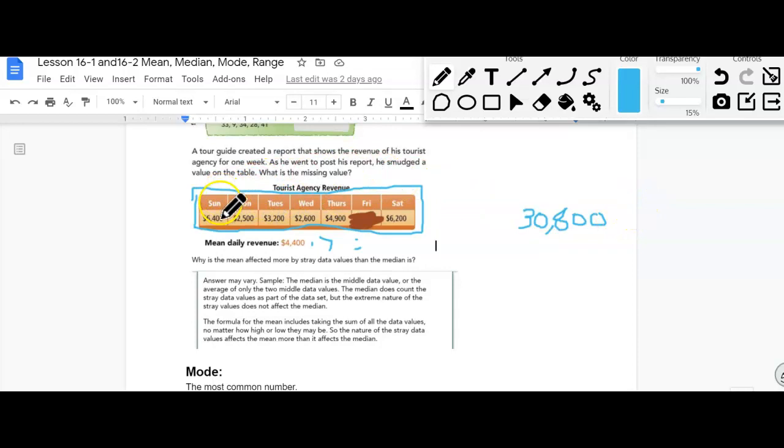What we then do is we add up Sunday, Monday, Tuesday, Wednesday, Thursday, and Saturday, and that is 25,800. So we take the total of what it needs to be, and we minus all the days besides Friday, which is 25,800, to get an answer of $5,000 on Friday.